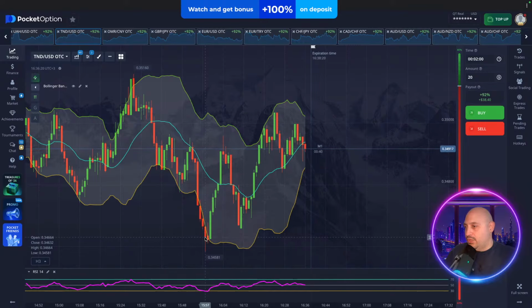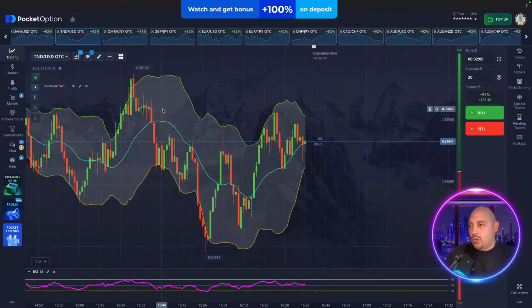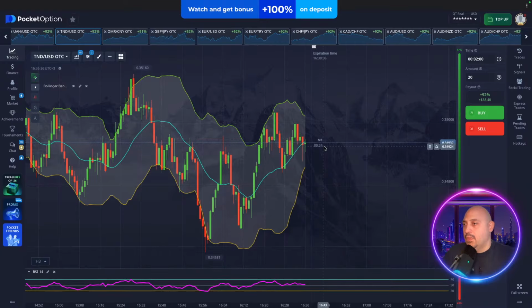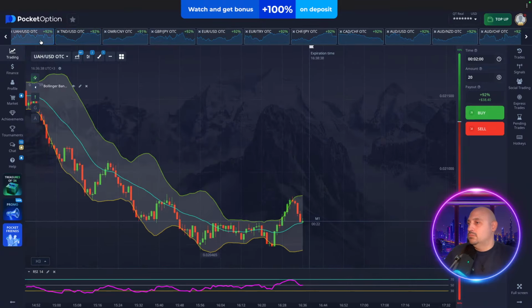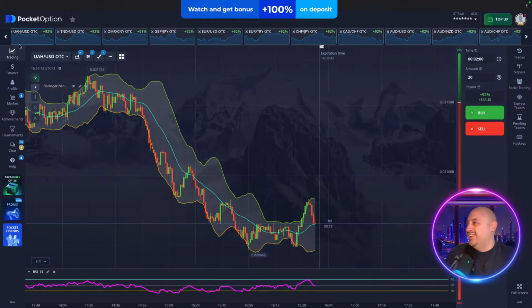If you had opened a buy trade here, even here, you would have made profit. This would have fooled us because if you had opened a sell trade here, it would have closed right over here, very close to your opening price. Sell trade here.